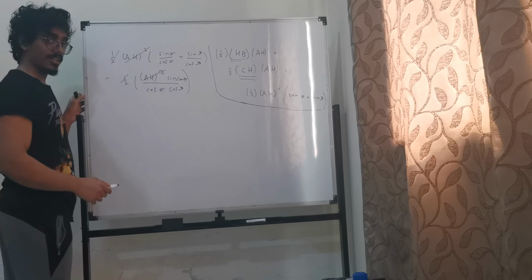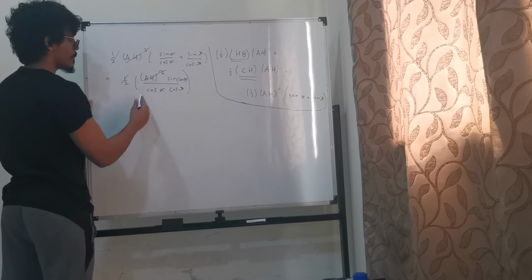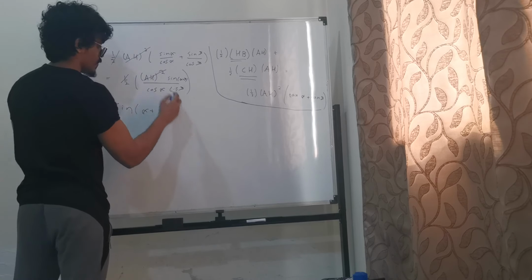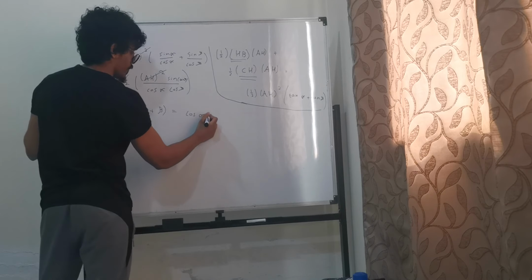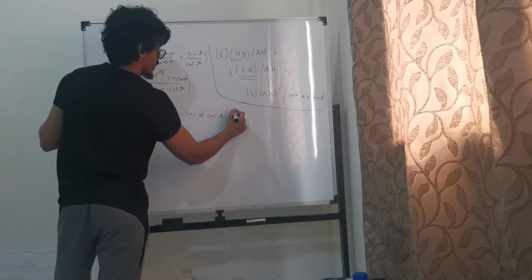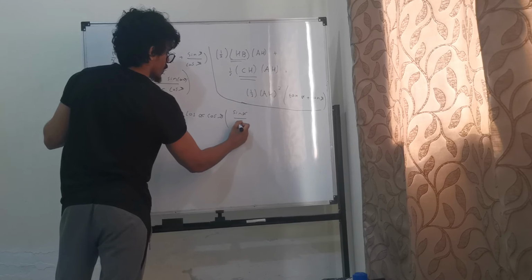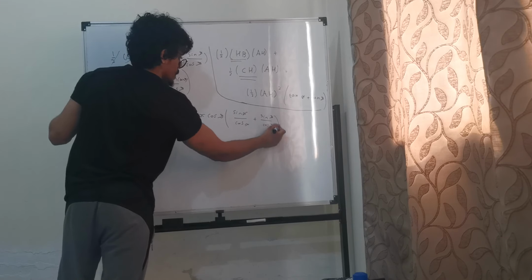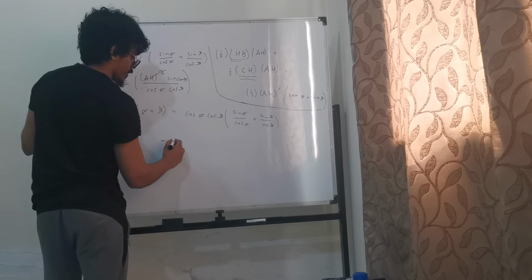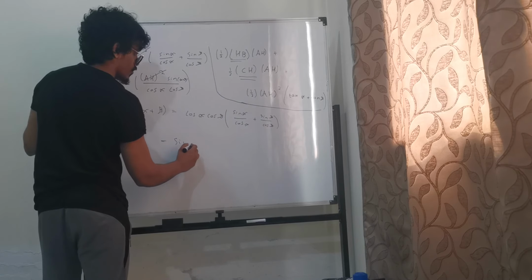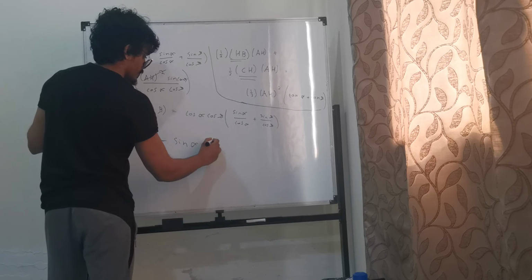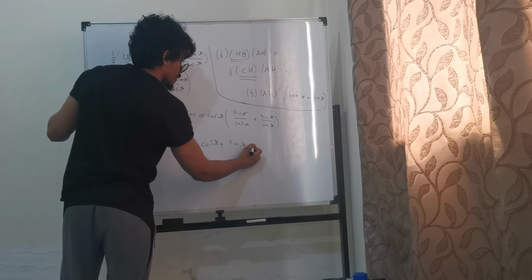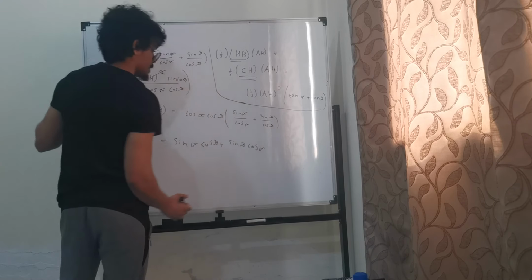If we multiply both sides by cosine of alpha, cosine of beta, sine of alpha plus beta will be equal to cosine of alpha, cosine of beta times sine of alpha over cosine of alpha plus sine of beta over cosine of beta, which becomes sine of alpha cosine of beta plus sine of beta cosine of alpha.